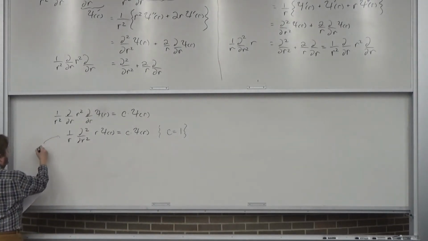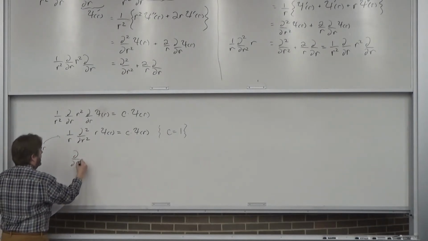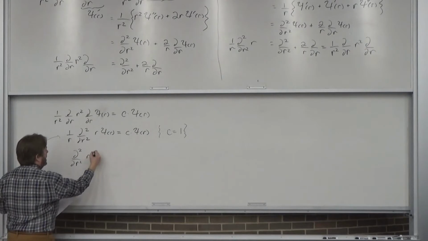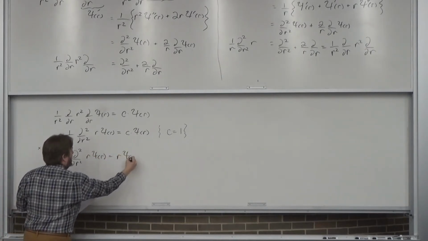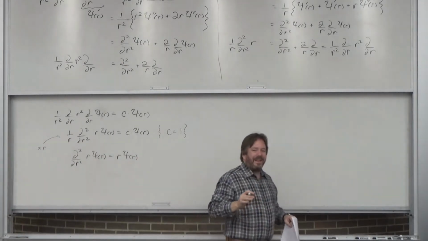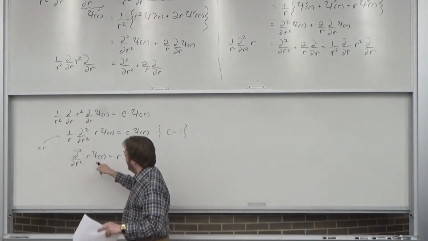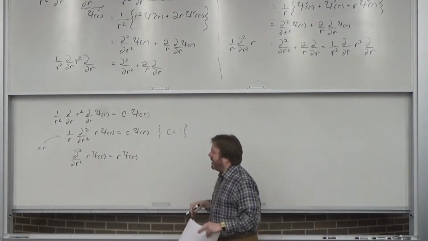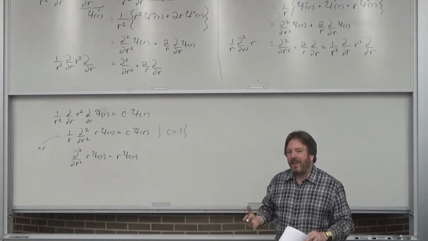So now, times r. Okay, so what you get is, again, a neat math trick, because notice that on left and right, you're always trying to solve r times the wave function of r.